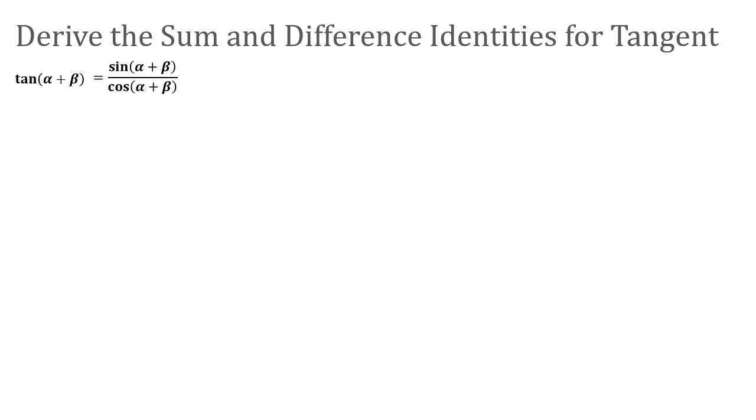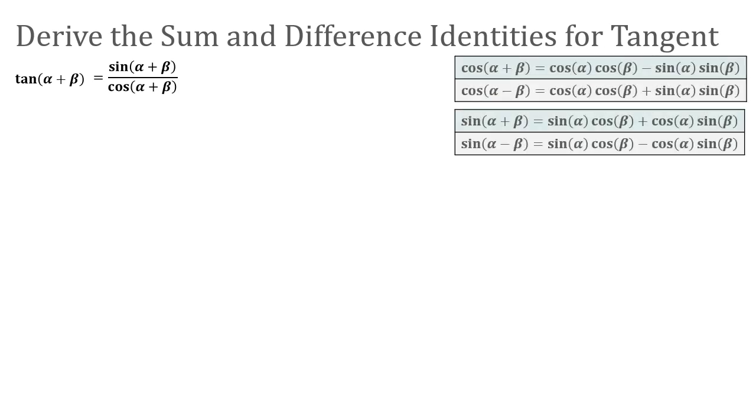So, using the sum identities for sine and cosine, we can say that the tangent of some angle alpha plus some other angle beta is simply equal to, in the numerator, the sine of the quantity alpha plus beta over the cosine of alpha plus beta.